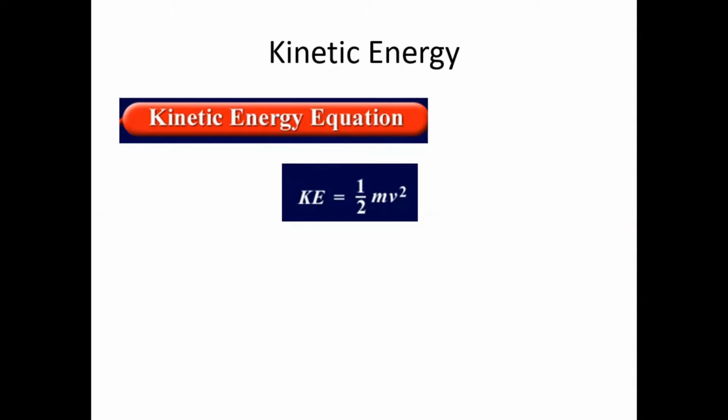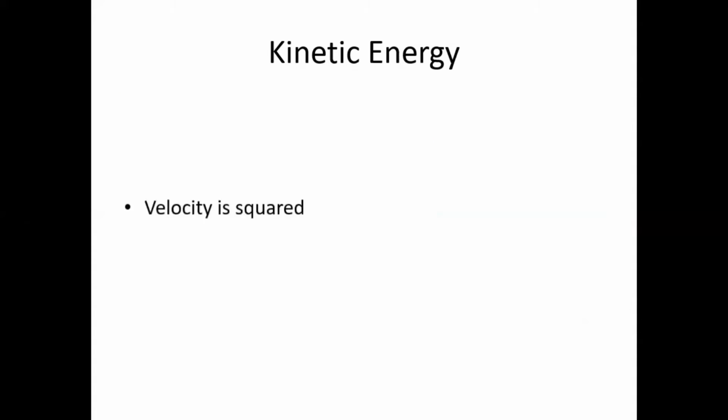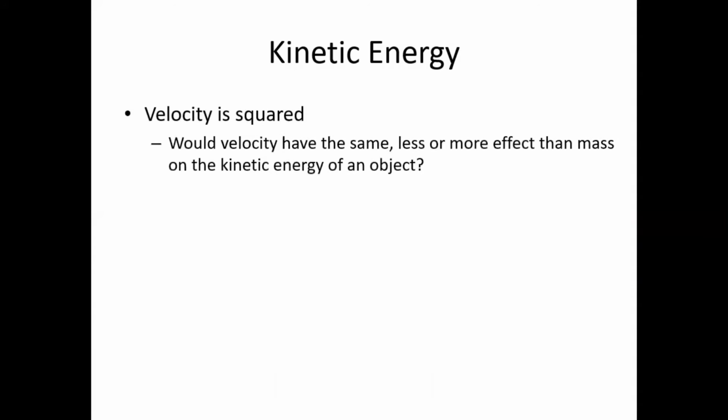Now, let us try to understand what this means. Greater mass means greater kinetic energy. How about the fact that velocity is squared? Would velocity have the same, less, or more effect than mass on the kinetic energy of an object? The answer is more, because velocity is squared.